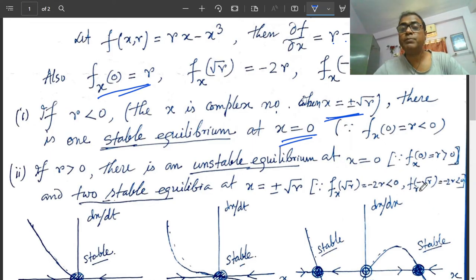Similarly at x = -√r it is -2r, obviously negative. So there are two stable equilibria at x = +√r and x = -√r.